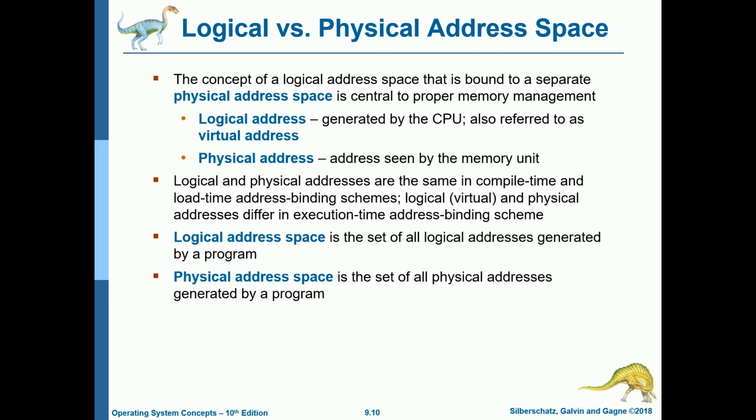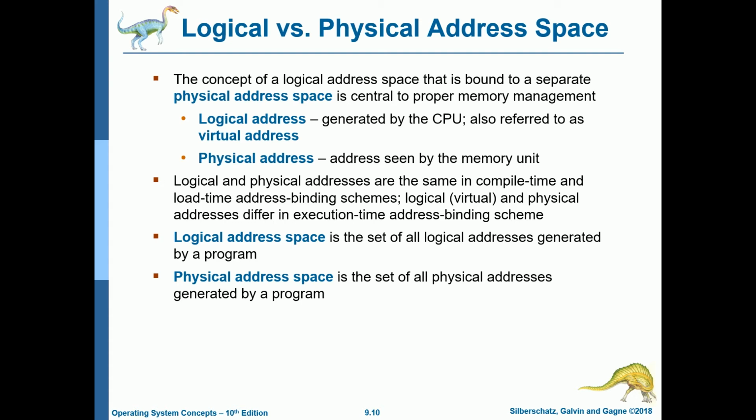Binding addresses at either compile or load time generates identical logical and physical addresses. However, the execution time address binding scheme results in differing logical and physical addresses. In this case, we usually refer to the logical addresses as virtual addresses. Keep in mind, we're going to interchange logical address and virtual address a lot.